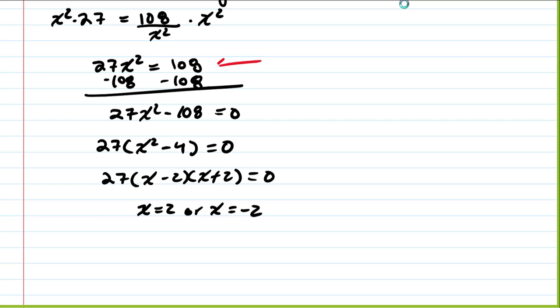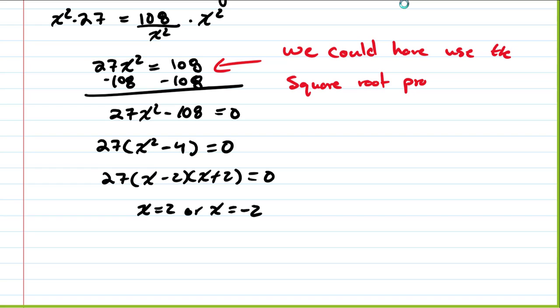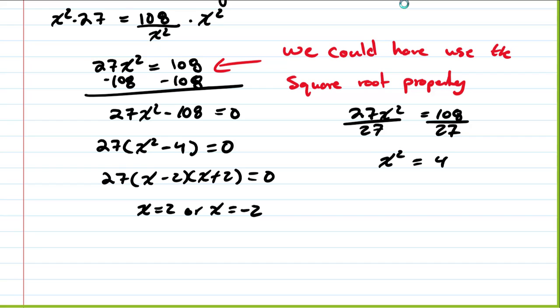It's worth noting we could have also used the square root principle. At that stage, when we had 27x squared equals 108, we could divide by 27, giving us x squared equals 4.